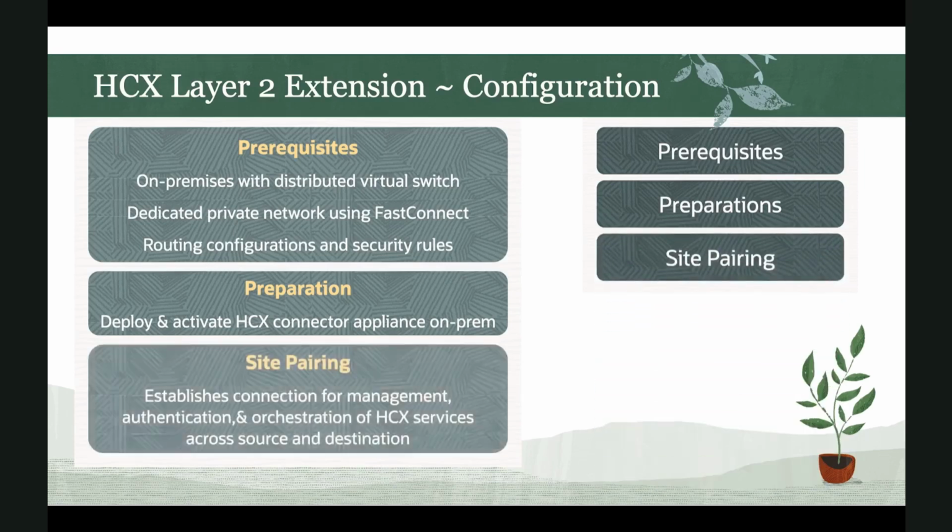Once the product is activated, the next step is to configure the site pairing by entering the IP address and other authentication details. The site pairing establishes the connection for management, authentication, and orchestration for HCX services across both the environments.